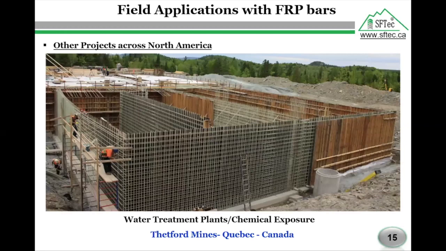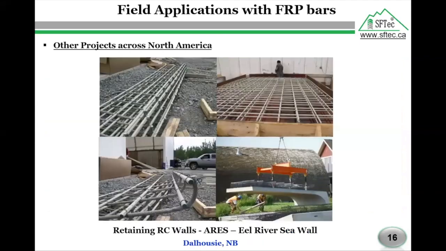One of the most important applications also is the construction of a water treatment plant using GFRP bars, as we see in this photo, in order to resist steel corrosion in such a chemical environment. In these photos, we can see another example for the preparation and installation of FRP bars in retaining reinforced concrete walls for Eel River.